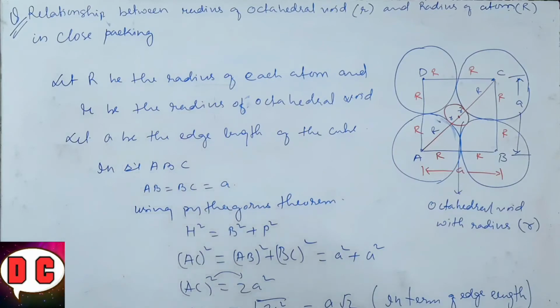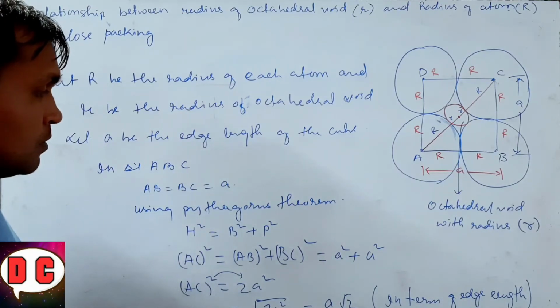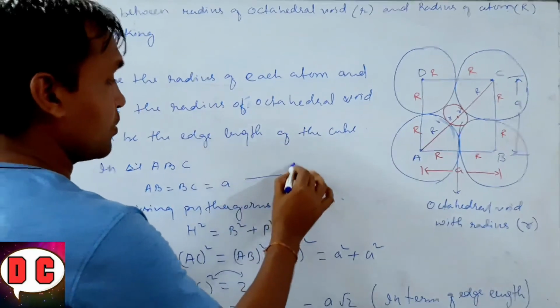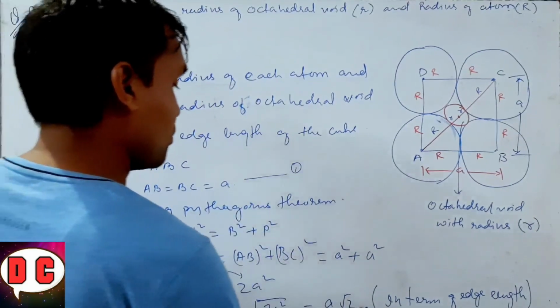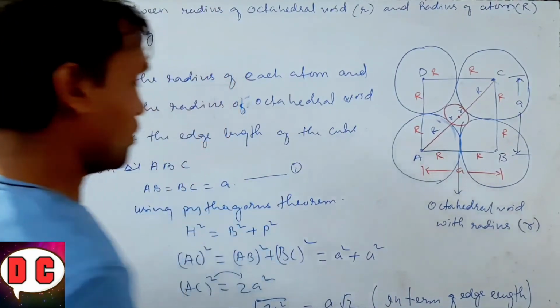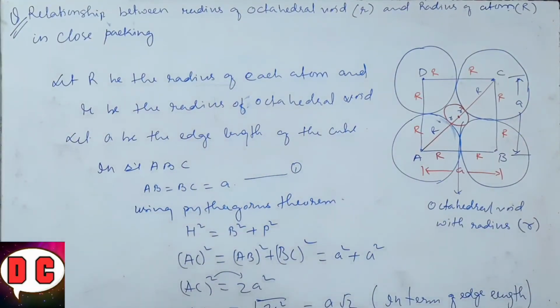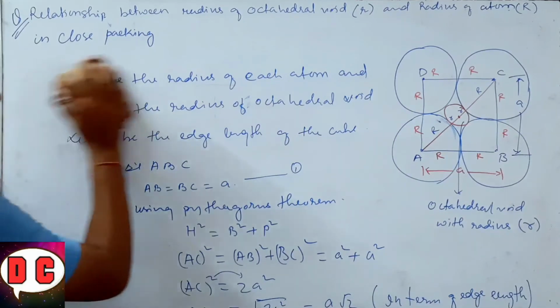Okay, dear students. This one you can write as equation 1, and this one as equation number 2. So pause the video and take it down. Now I'll move on to the next step.